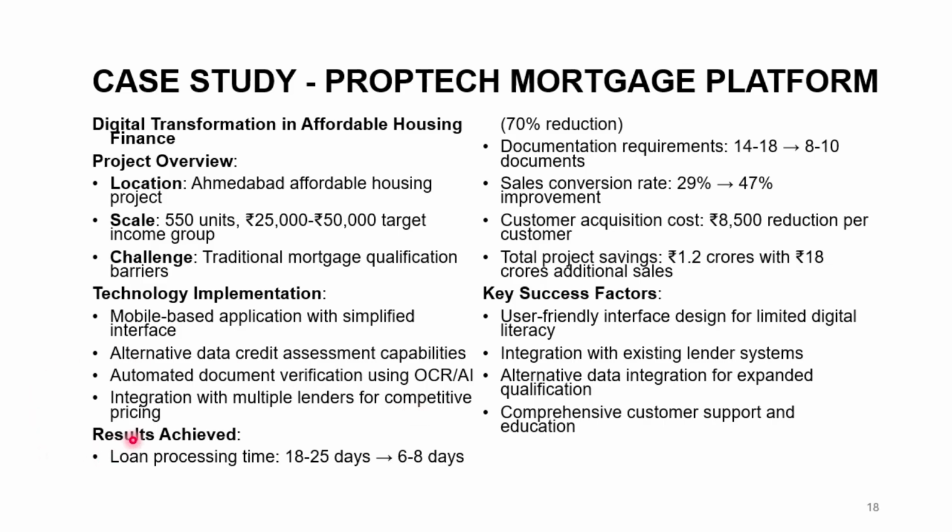And the result achieved will be loan processing time will cut down from 18 to 25 days to 6 to 8 days, 70% reduction. Then documentation requirements will come down from 14 to 18 to 8 to 10 documents, and the sale conversion rate will be from 29% to 49%. So there will be significant improvement in sales.